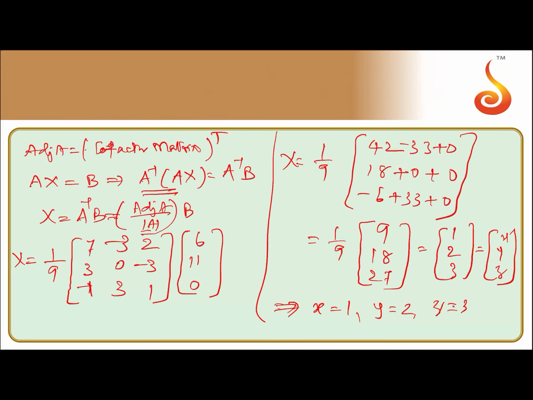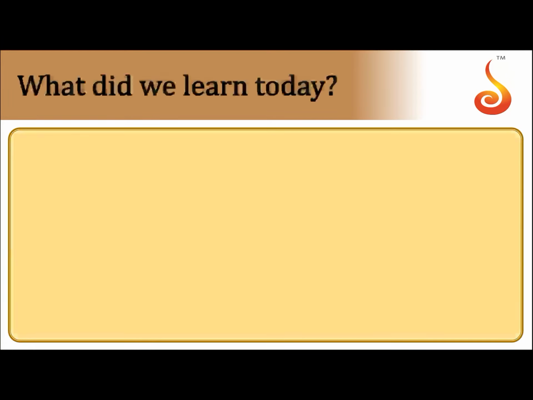After calculating the cofactors, calculate the adjoint of A, which is the transpose of that matrix. Then X equals A inverse B, which is adjoint A by det A multiplied by B. Writing that out and simplifying, you'll get the X, Y, Z values. So hope you understood systems of linear equations, consistency, and how to find the solution for the system by using the matrix inversion method.